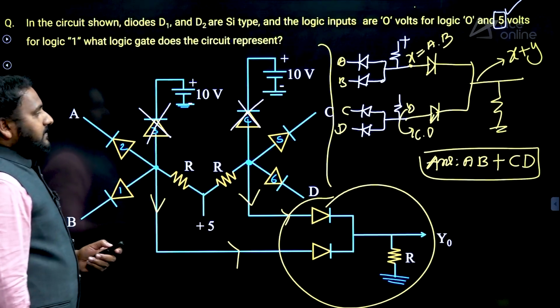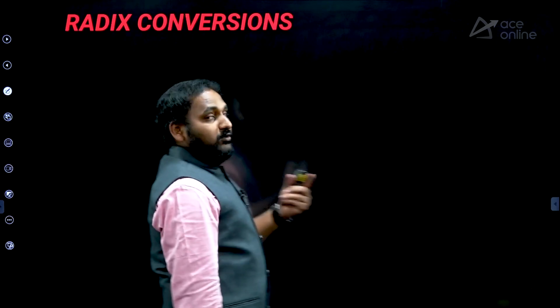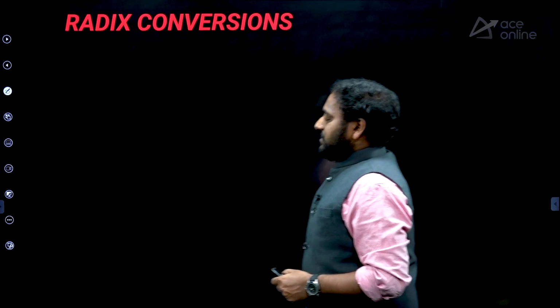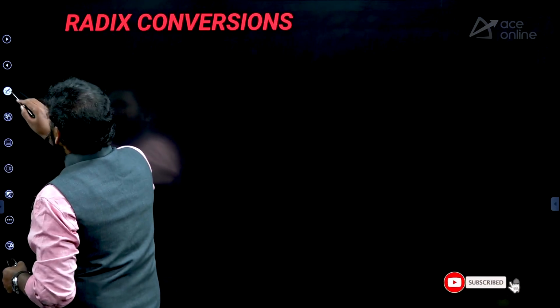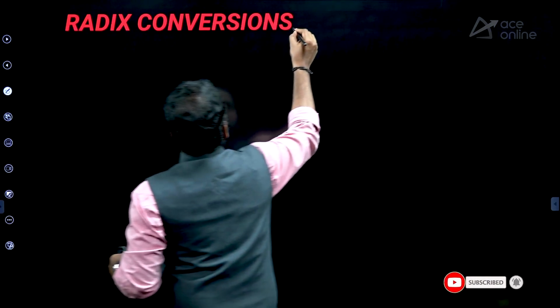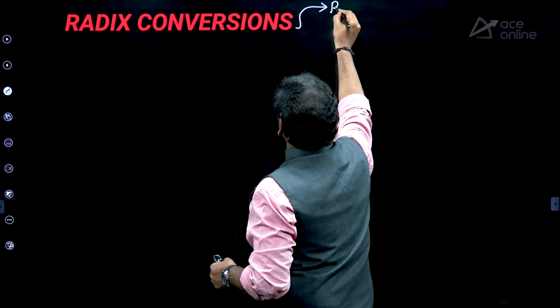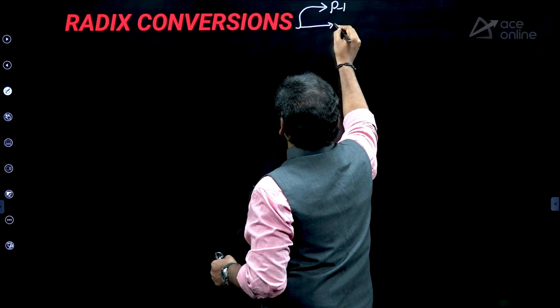I am changing the screen. Similarly, we will do it with the transistors later, not now. Radix conversions. I don't want to spend more time on the radix conversions. In the radix conversions, we have discussed this entire topic in two phases, phase 1 and phase 2.